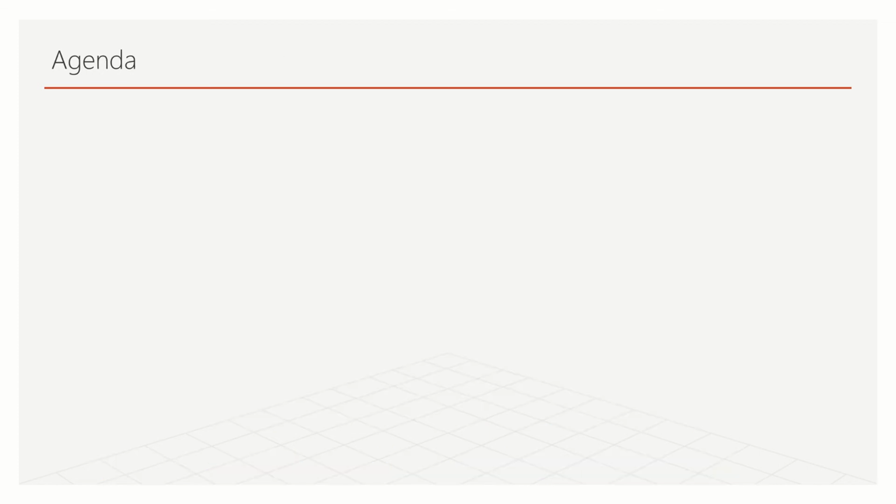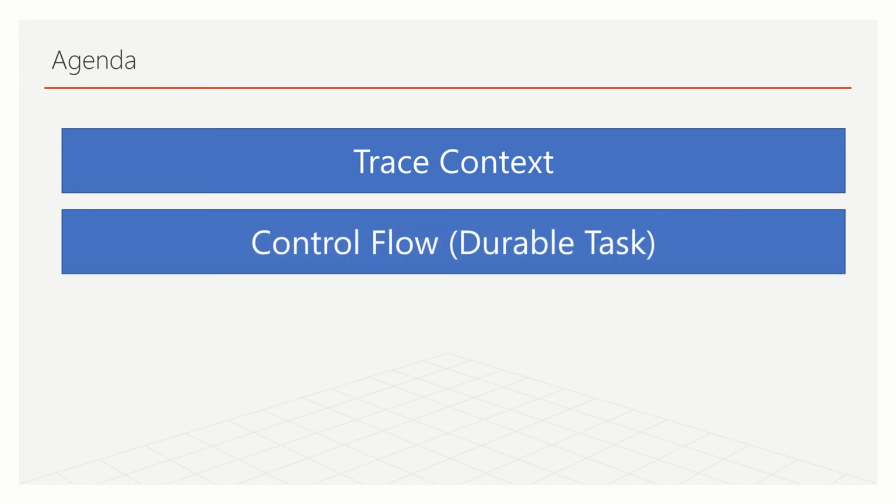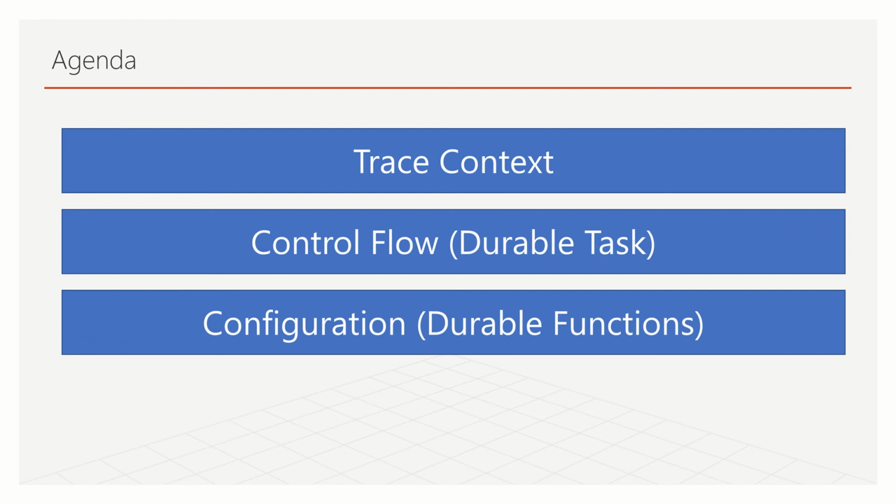Today's agenda: I'm going to create maybe three or four videos. The first one is trace context, which is included in this video. The second one is control flow for durable task. This is a core library that durable functions use internally. Then the configuration on the durable task side, where I created a framework for correlation, so durable functions just use it.